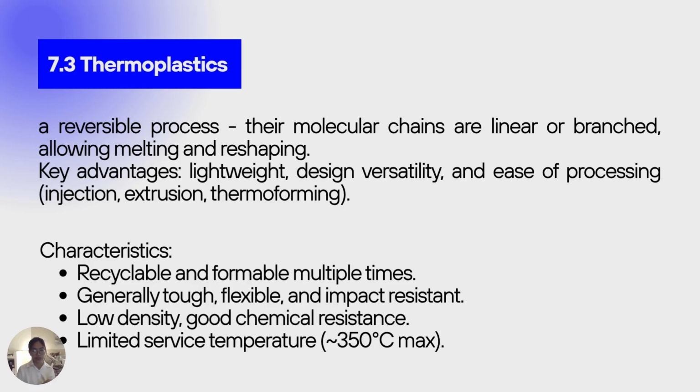This property allows thermoplastics to be melted, shaped, and reprocessed multiple times, making them highly recyclable and easy to form into complex geometries. Their key characteristics include toughness and flexibility, low density, good chemical resistance, and impact resistance, but limited service temperature, typically below 350 Celsius.